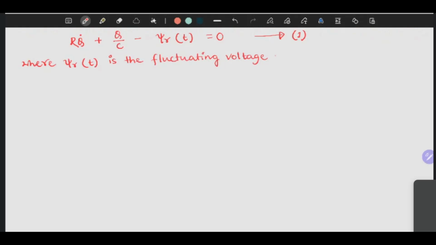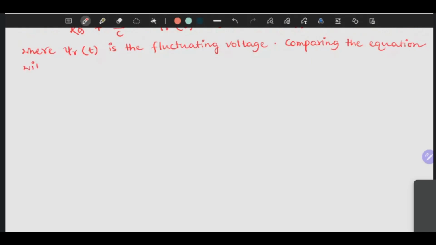Now compare this equation with Brownian motion, comparing the equation with the Langevin equation.